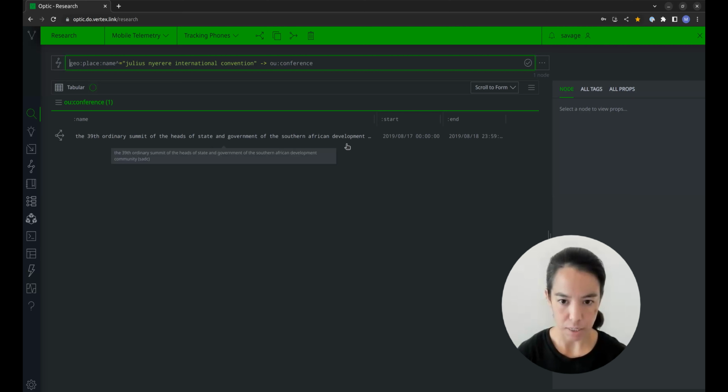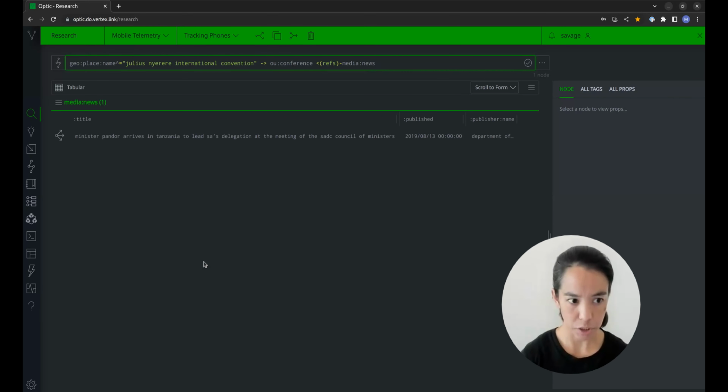This took place on the 17th and 18th, which overlaps with the beaconing dates that we saw from that phone. This was also something the Department of International Relations and Cooperation reported Minister Pandor as having attended. They wrote, "Minister Pandor arrives in Tanzania to lead South Africa's delegation at this meeting."